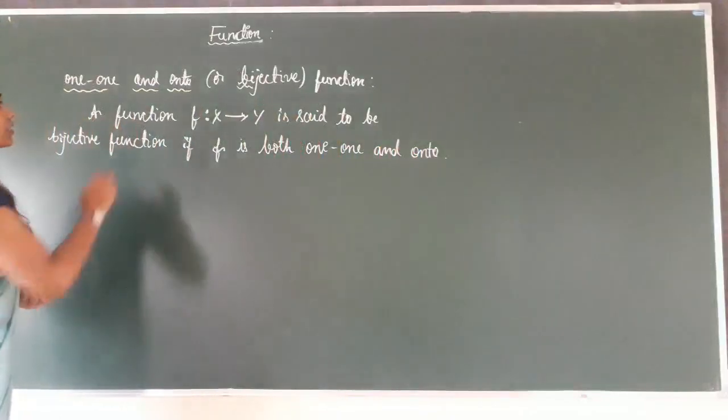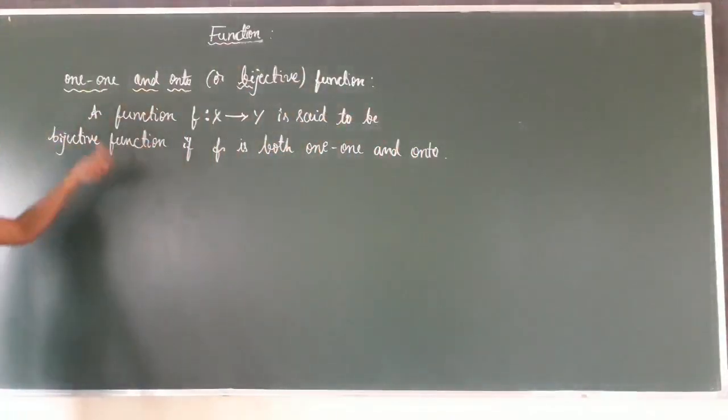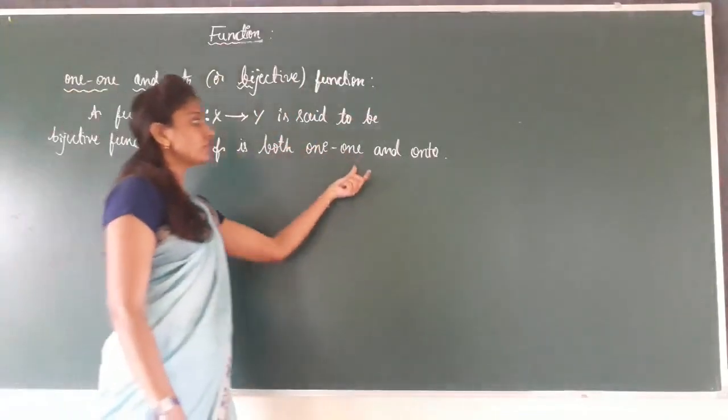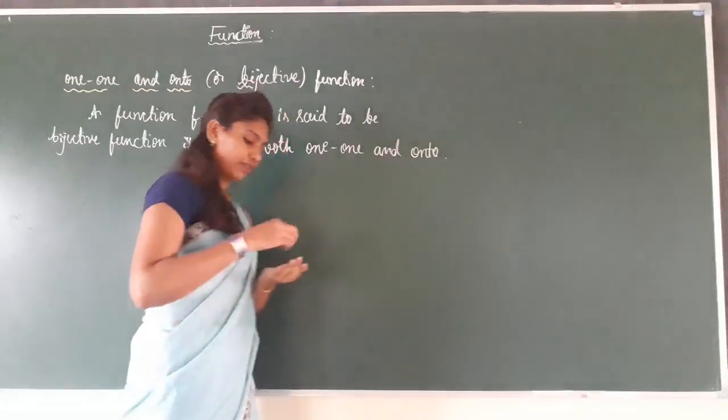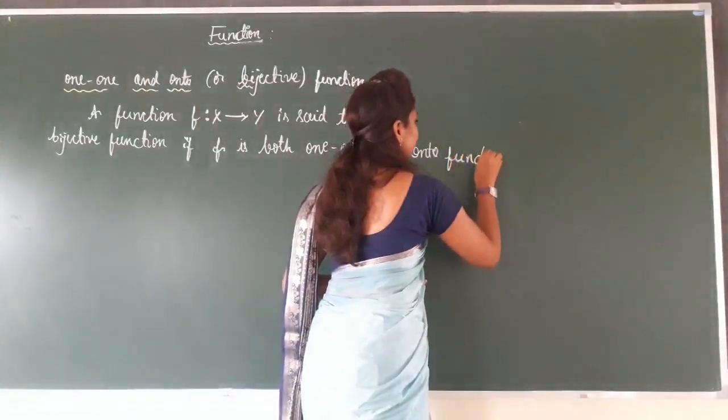Observe here, a function f from X to Y is said to be a bijective function, or one-one and onto function, if f is both a one-one function and an onto function.